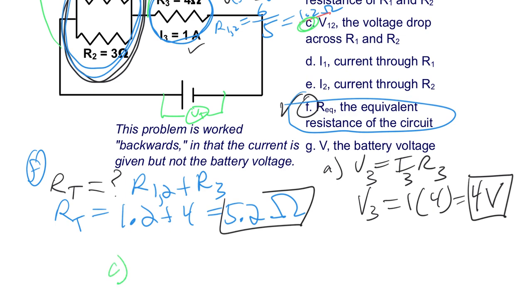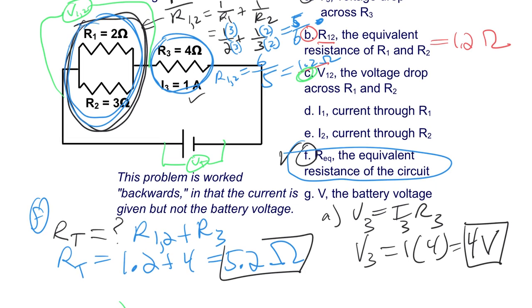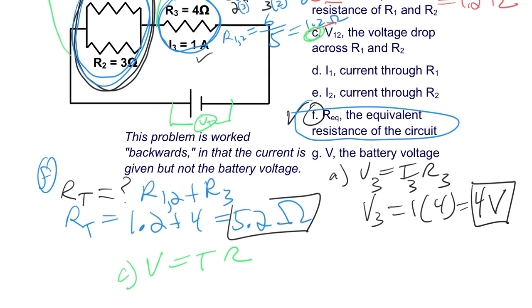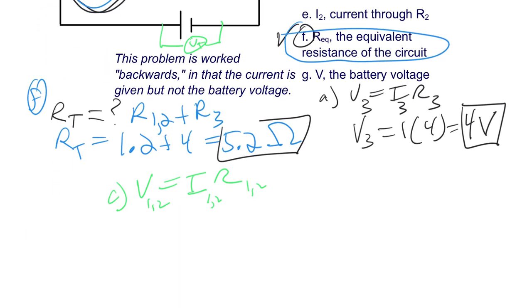Okay, letter C. V equals IR. R12 I already have as 1.2.